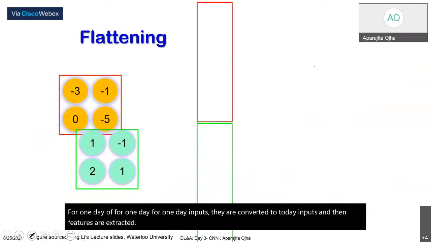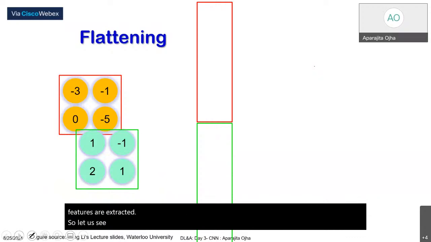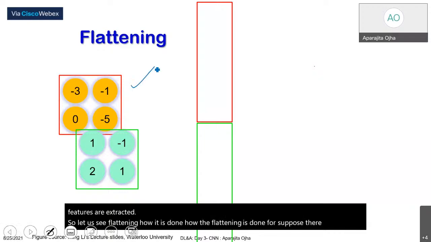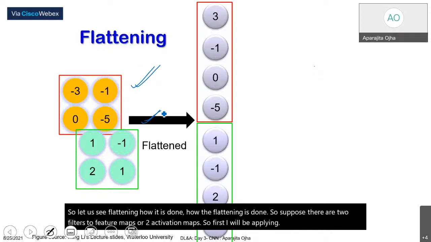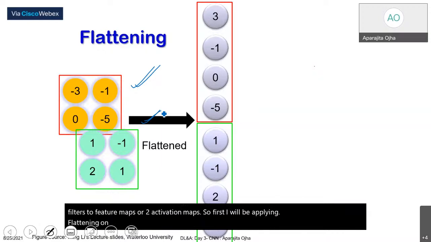So let us see how flattening is done. Suppose there are two filters, two feature maps or two activation maps. First I will apply flattening on the first feature map, and then on the second activation map.